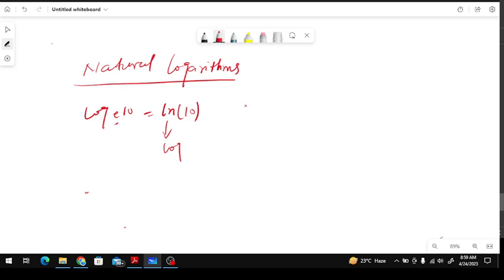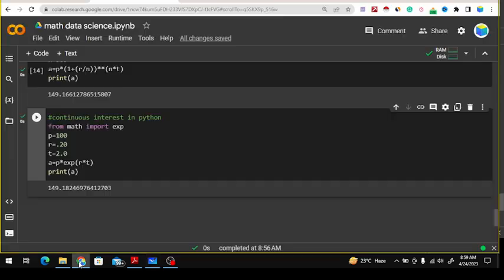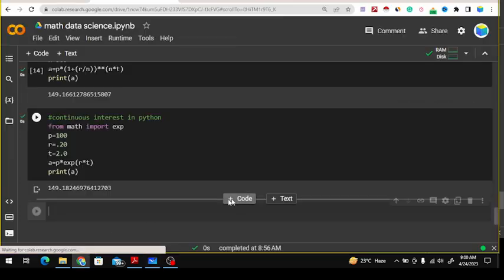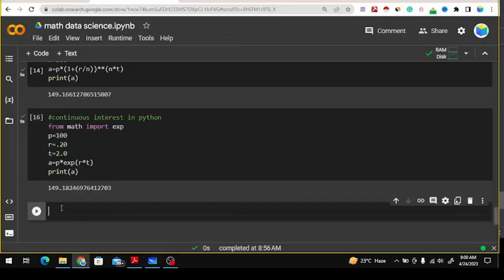So in Python, a natural logarithm is specified by the log() function. Let's see how we write it here. Natural log.